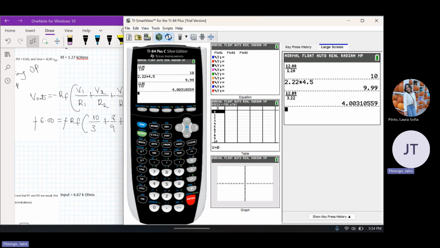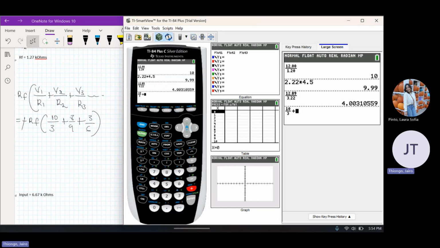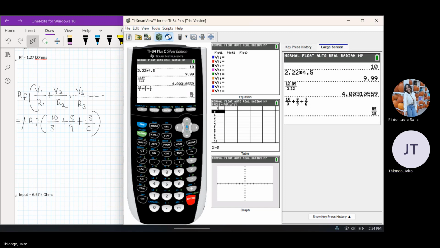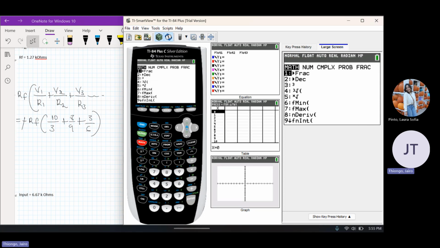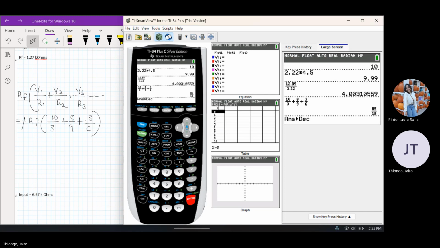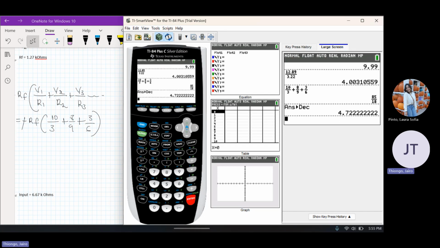Gotcha. Then 10 over 3 plus 8 over 9 plus 3 over 6. We get 85 over 18, to the decimal that's 4.72.